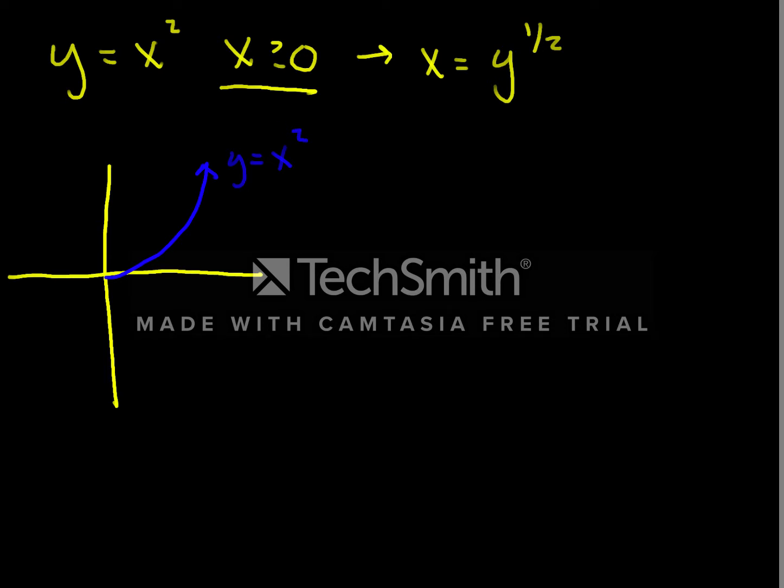Now, on the other hand, if I graph the inverse, notice this is the x-axis and this is the y-axis, and this will be very important. When I flip it, I've now made y my independent variable, and x is the dependent variable. So it would be y here and x here.